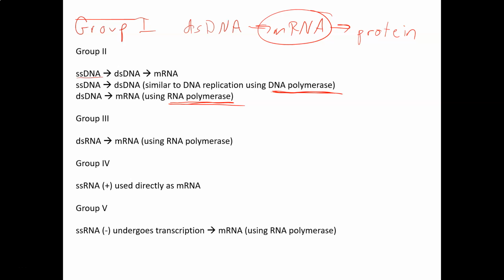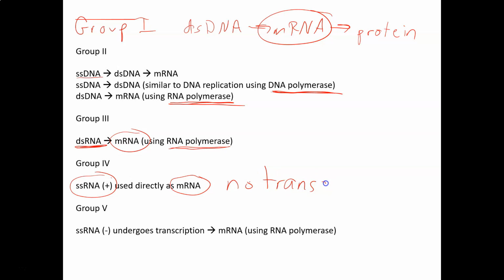Group 3 has a double-stranded RNA, and that is used to make messenger RNA. So that double-stranded RNA is used for the transcription molecule, and the enzyme that carries that out is called RNA polymerase. In group 4, you have single-stranded RNA positive, which just serves as messenger RNA, so there is no transcription.